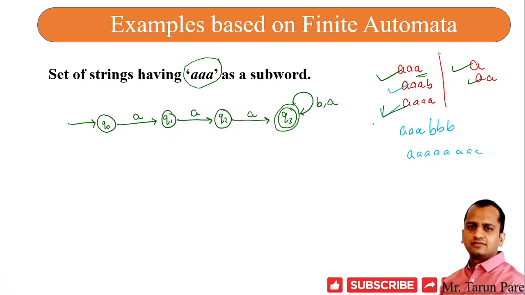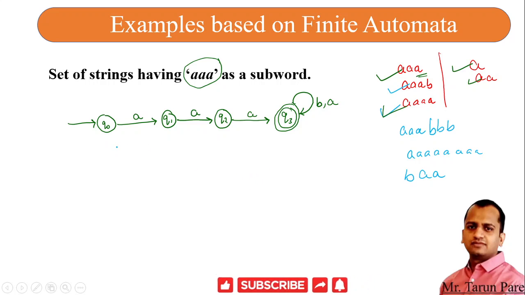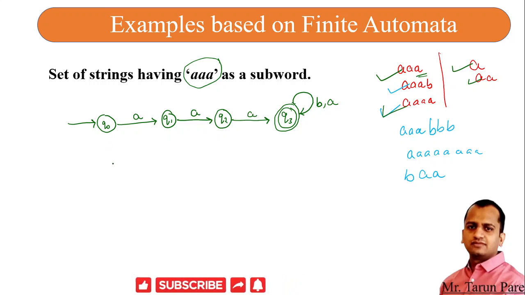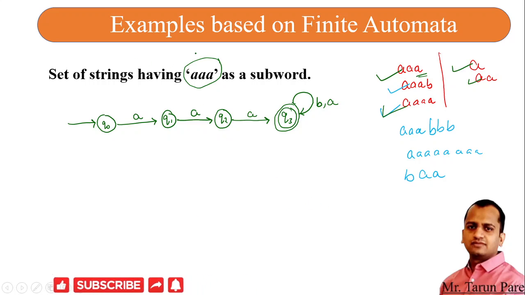Now what happens if we pass B in the beginning, like BAA? At that time it would handle the exception and reach the dead state. Is that so? Does the problem statement say that it will not start with B? No. So we will not make a dead state.